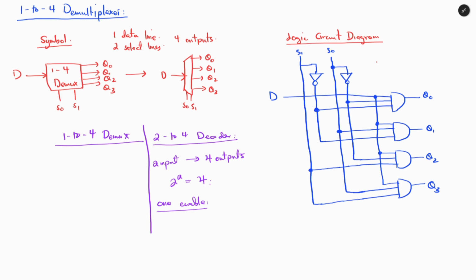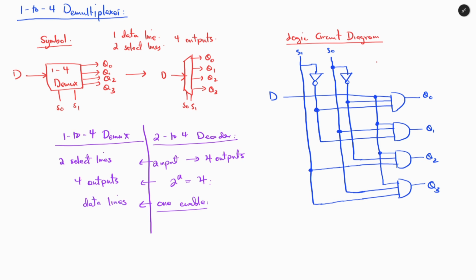If we provide a description for the 1 to 4 DEMUX and do a comparison, we can see that in this case we have 2 select lines and 4 outputs, and we have 1 enable, and in this 1 to 4 demultiplexer we now have a data line.